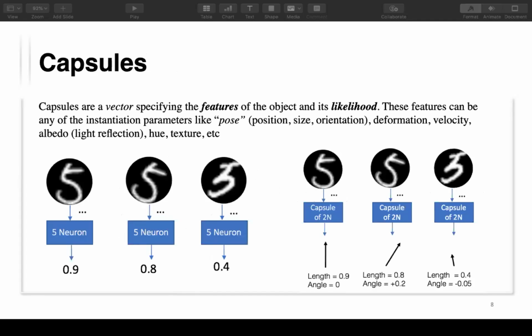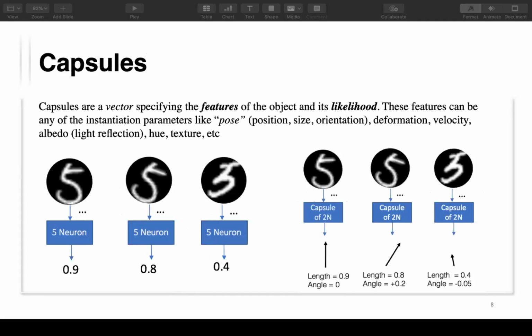We can regard a capsule as a vector specifying the features of an object and its likelihood. Let's look at the picture on the bottom left.